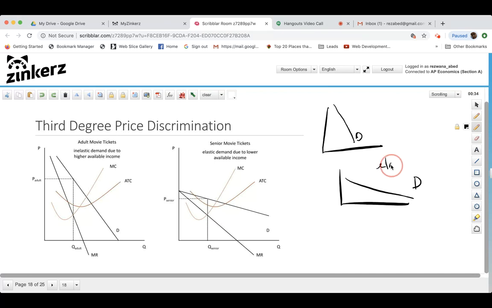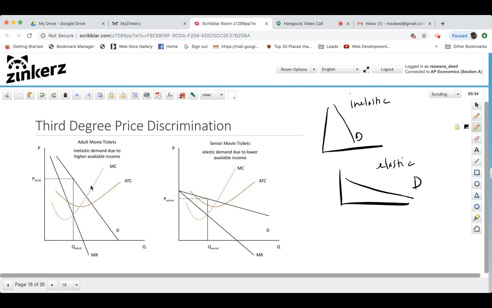So this is elastic, this is inelastic. This is what we see with adults versus seniors. Adults have a more inelastic demand curve because they have more income available, whereas seniors have a more elastic demand curve for movie tickets because of lower available income.